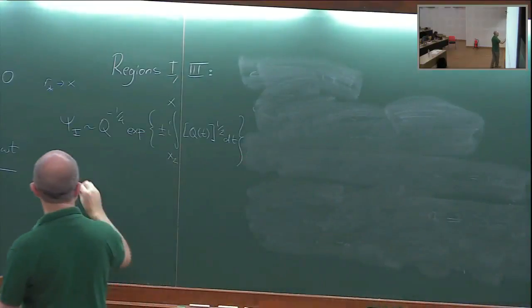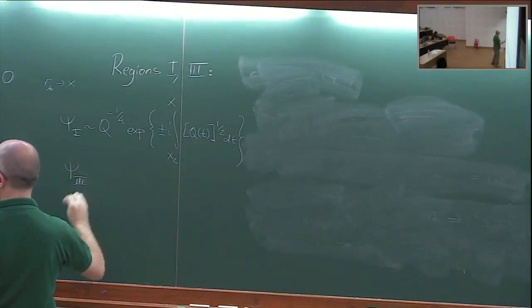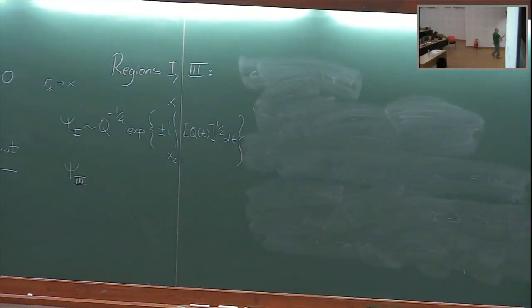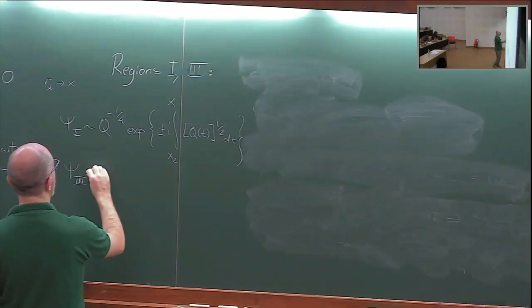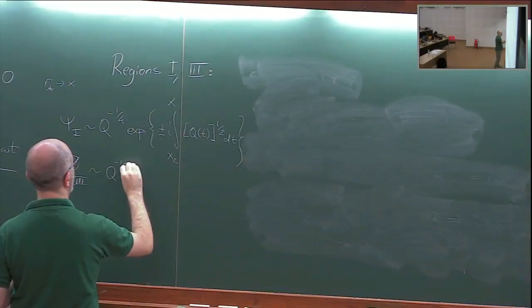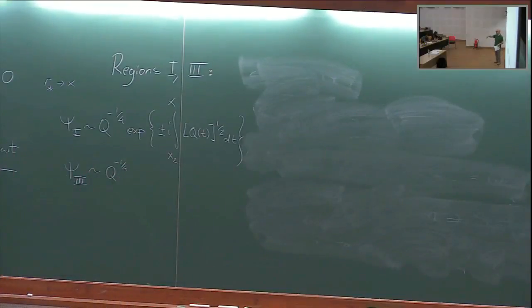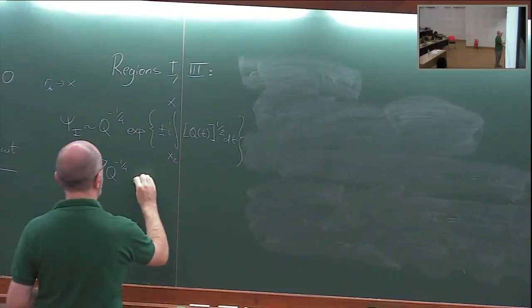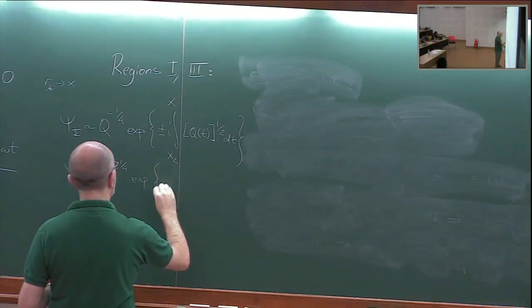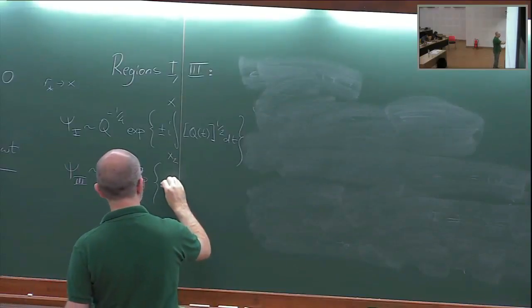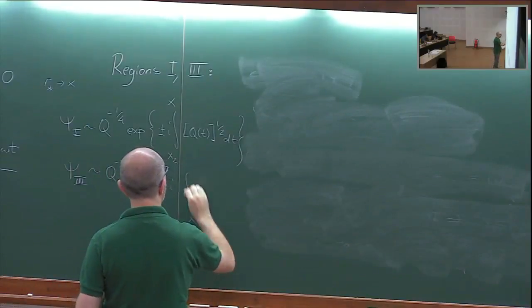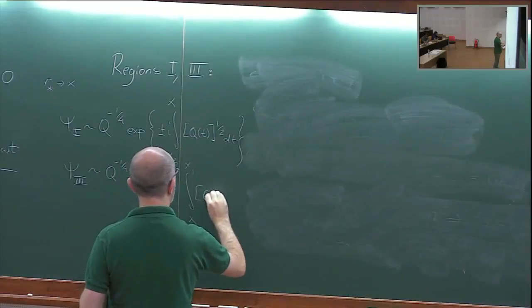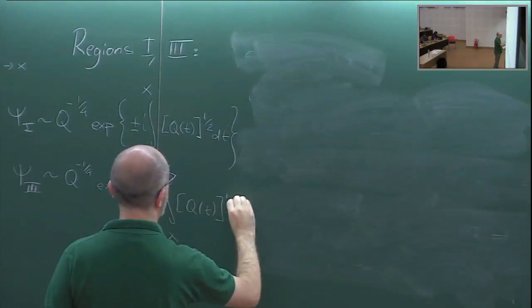And psi 3, where, okay, should I define x1 and x2 as these 2 points, and let me call x0 the location of the extremum of the potential. And psi 3 goes like Q to the minus 1 over 4. This comes from the minus 1/4 log Q, of course. Exponential of plus minus psi integral x to x1 of Q of t to the 1/2 in dt.